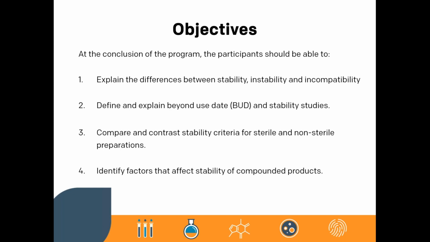There's a lot of interest in beyond use dating and a lot of citations occurring through inspections, so we're putting in some of the chapter and verse references for what a stability study should include.